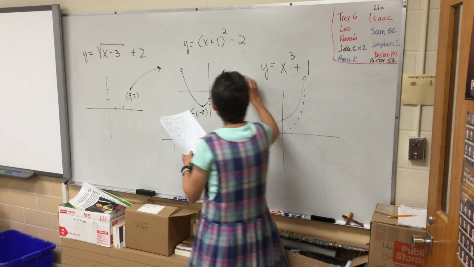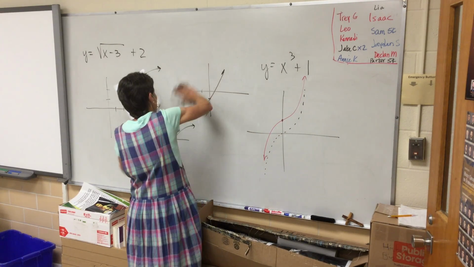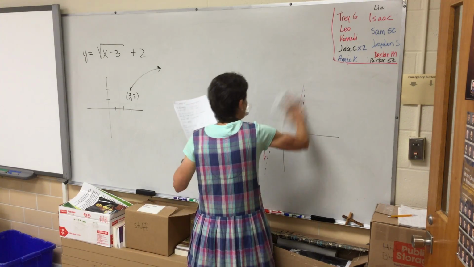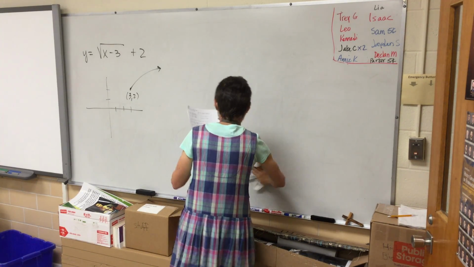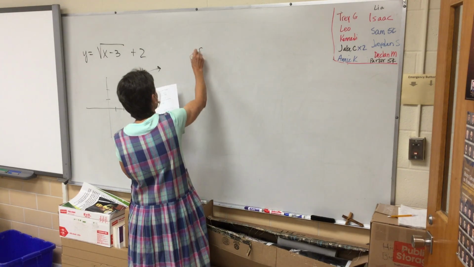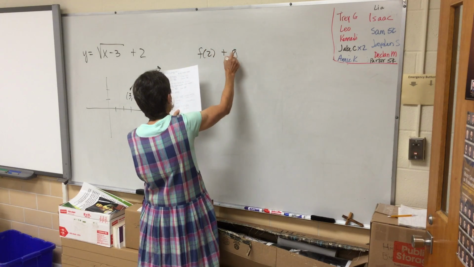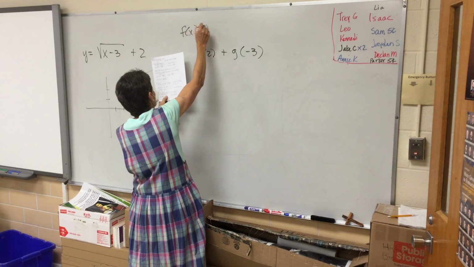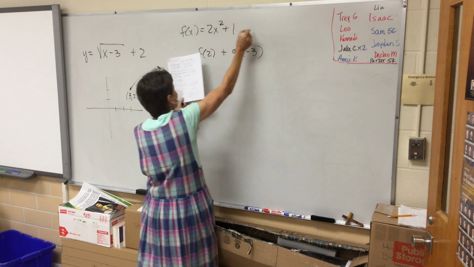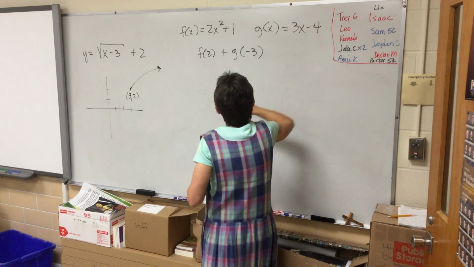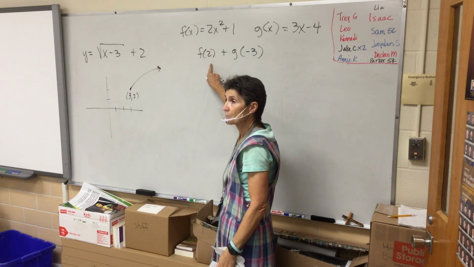All right, now we got our functions. This is what we just started talking about yesterday and finished today. Easy stuff. A says add f of 2 and g of negative 3. What does f of 2 mean?